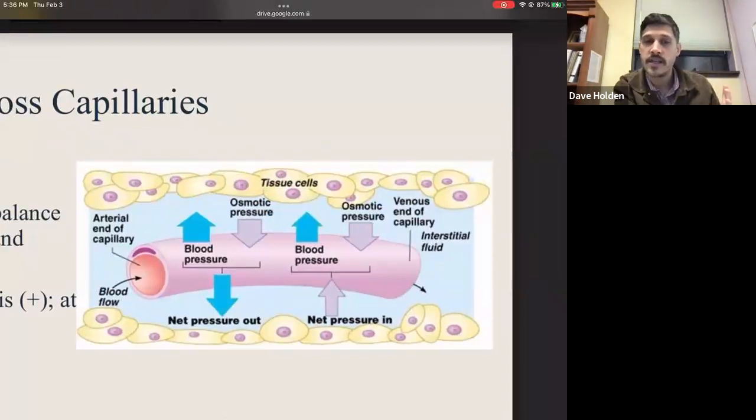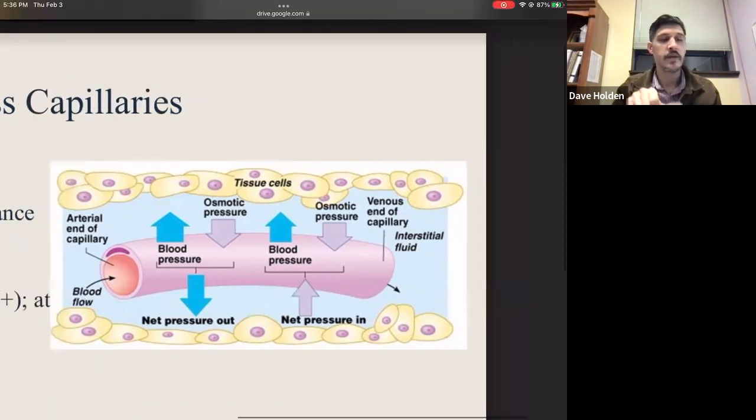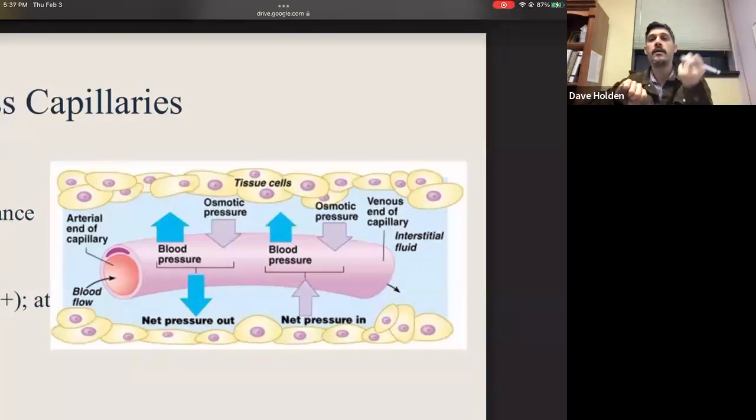On the arterial end, we usually have a really high pressure, which is forcing materials out of the blood vessel. That's generally going to be the nutrients and whatnot that we're trying to deliver to the tissues. Towards the middle, the net pressure is pretty much neutral, so not a lot is happening. But then we reach the venous end of the capillary. Now the net pressure is negative, and that negative pressure starts pulling substances back into the vessel.